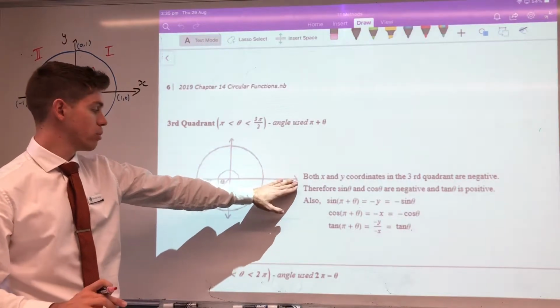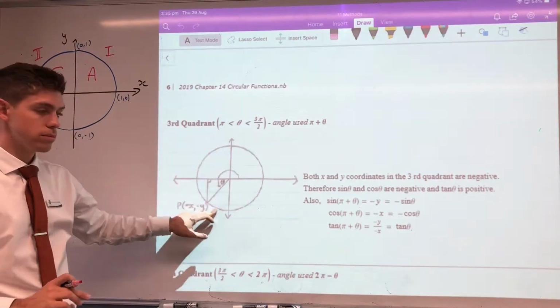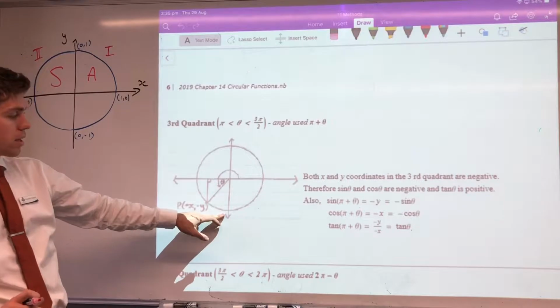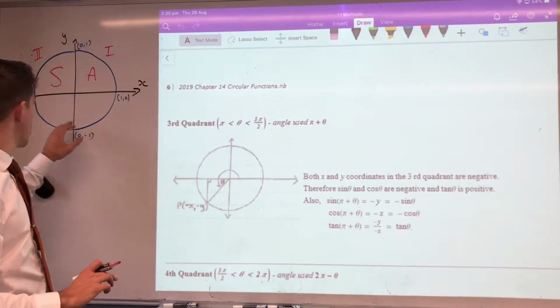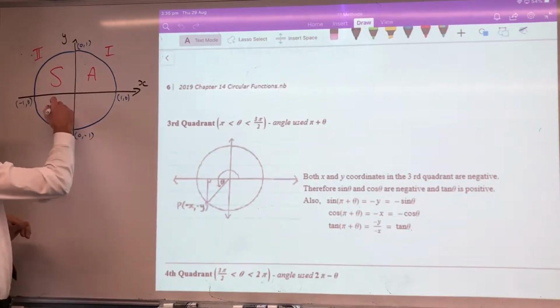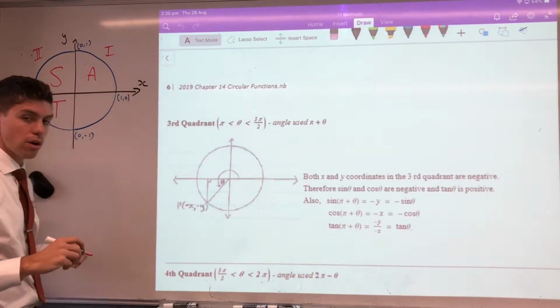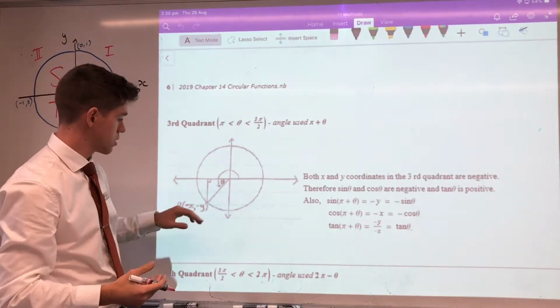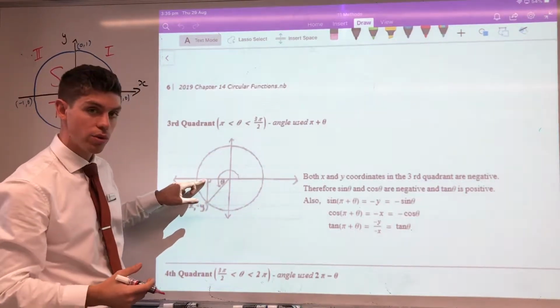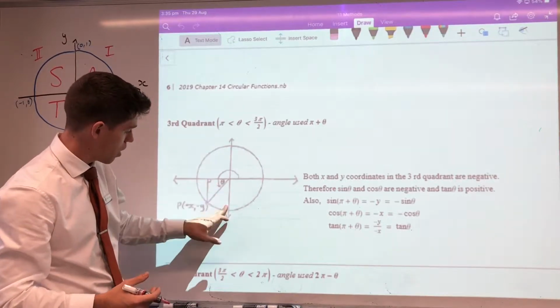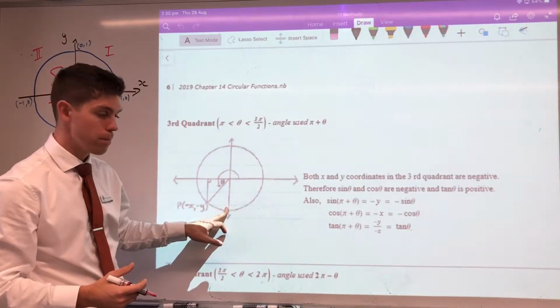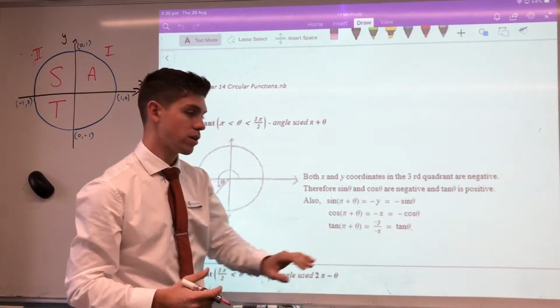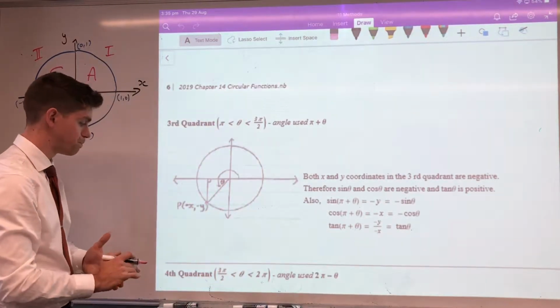Both the x and y coordinates in this quadrant here are negative. Therefore, only the tan function is going to yield us positive results. We always have an x coordinate which is negative, always have a y coordinate which is negative, but when we take a negative over a negative, that is going to yield a positive result.